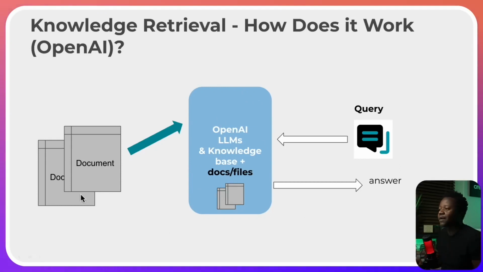All we have to be concerned about is getting the documents, pushing them into this black box, so to speak, and then we can just start conversing with our large language model, in the form of our Assistants API. So this is what we're going to be doing next. We're going to learn how to do knowledge retrieval by uploading files, in this case documents, to our Assistants API, and then be able to ask questions about those documents.